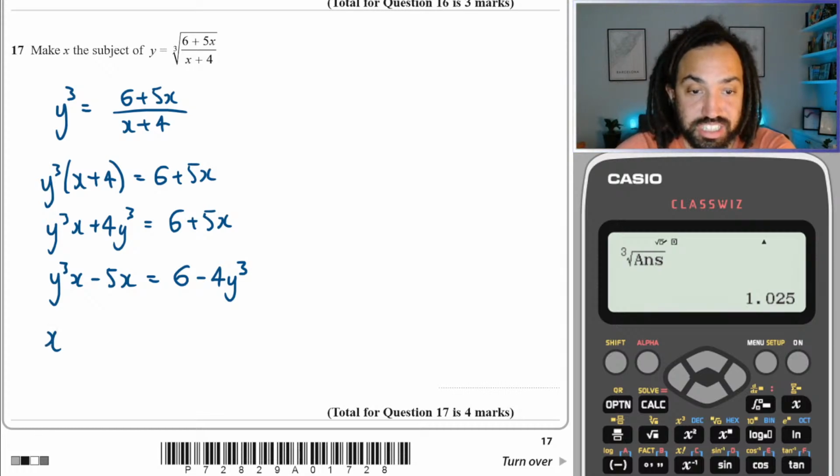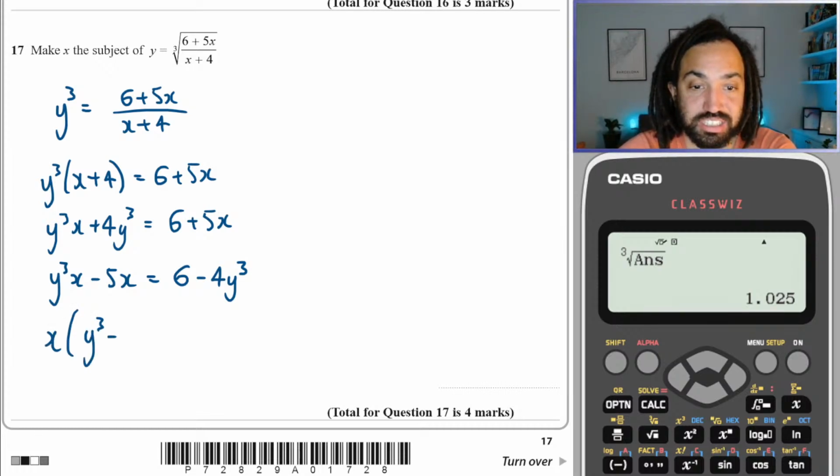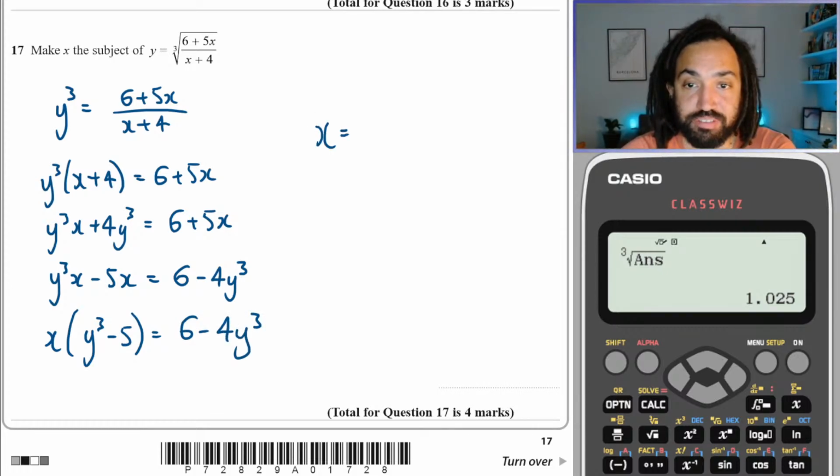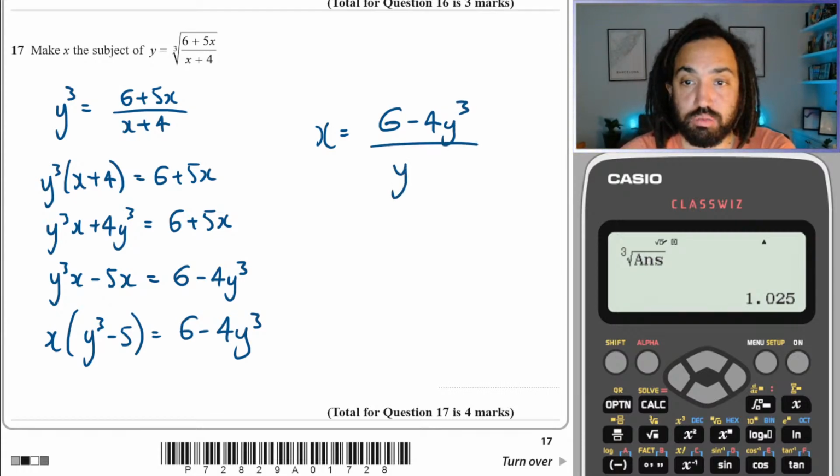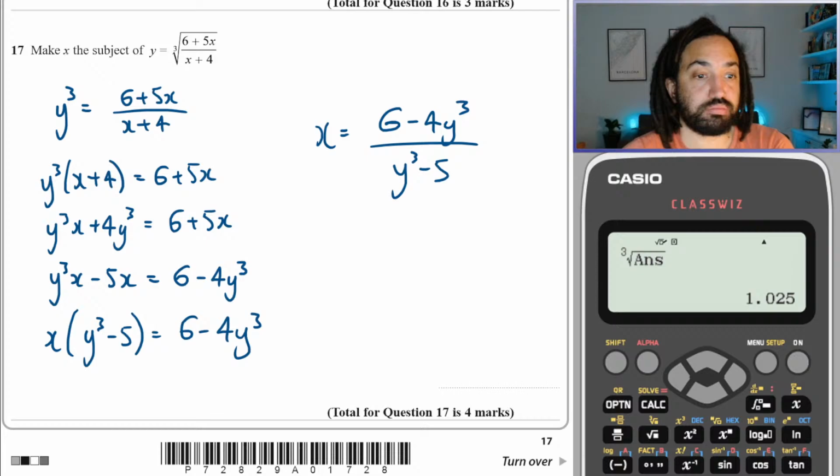Okay, let's take out a factor of x, and then that allows us to divide through by that factor. So we have 6 minus 4y cubed all over y cubed minus 5.